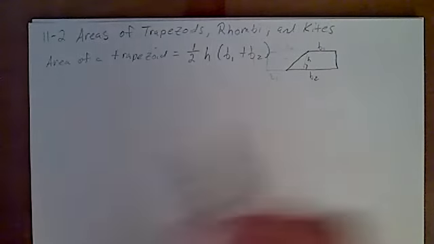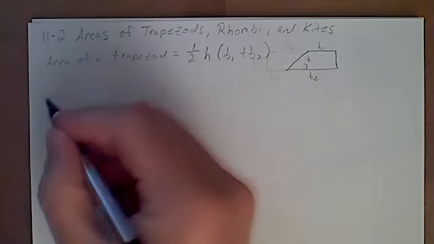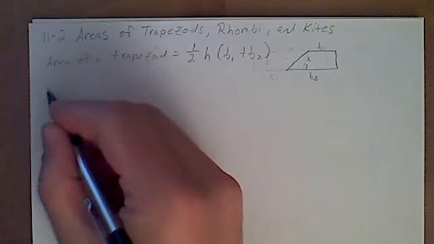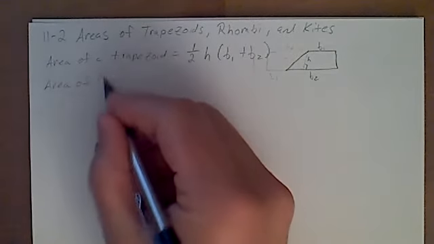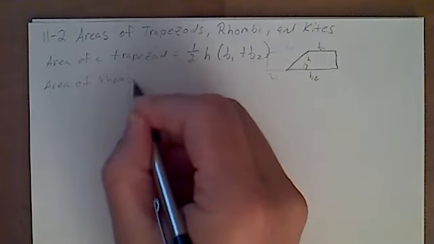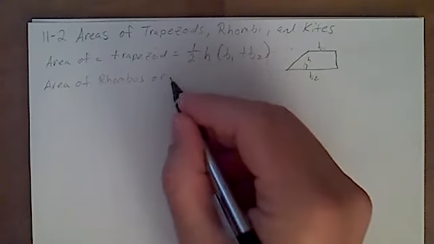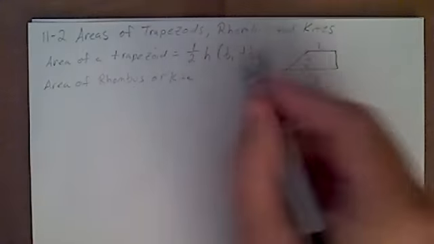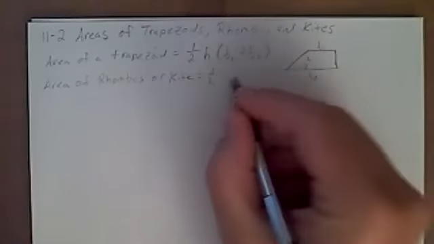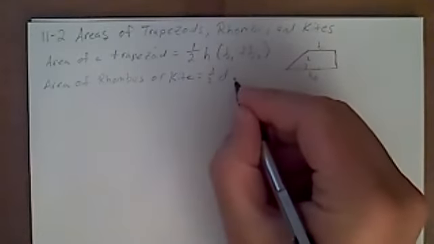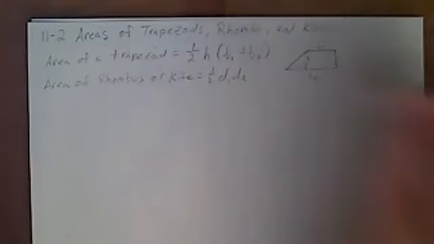And again, the other is for area of a rhombus or a kite. So it's the same formula for both of these. This is 1/2 diameter 1 times diameter 2.